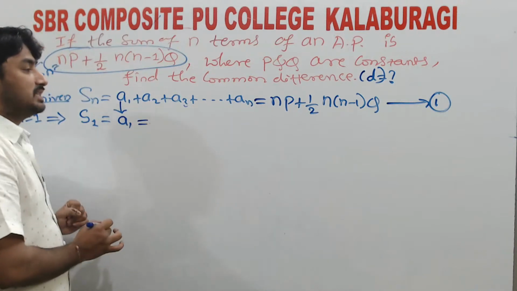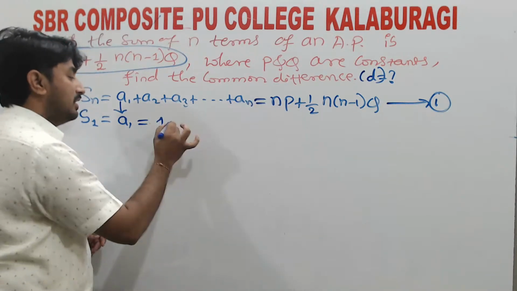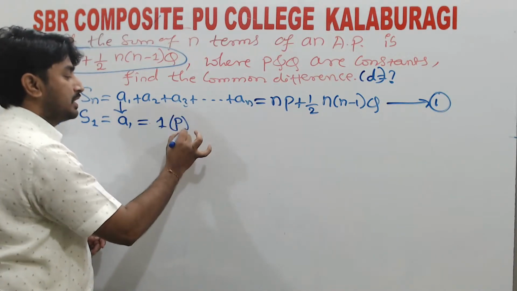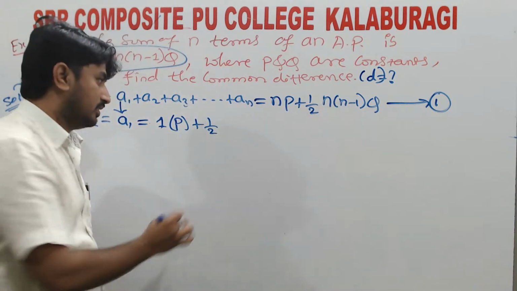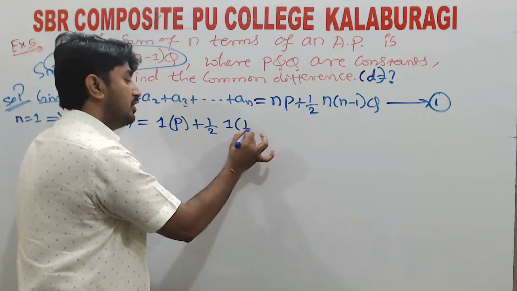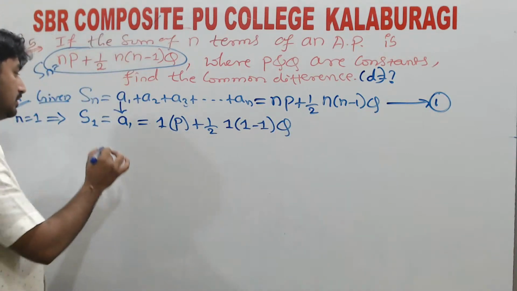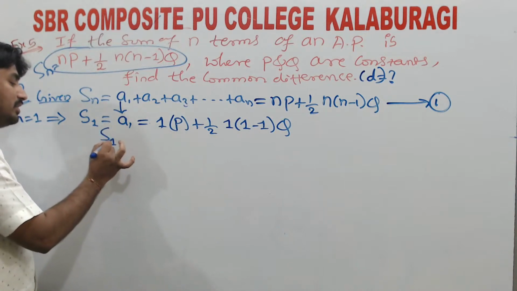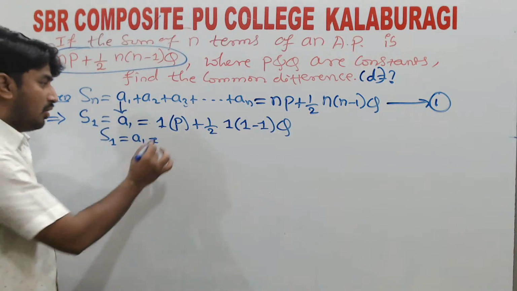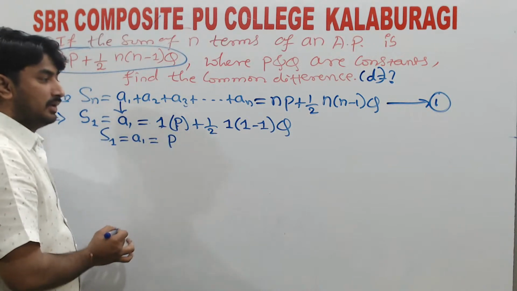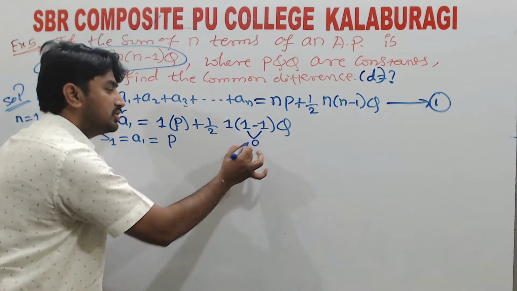Therefore, the first term value is equal to: put 1 in place of n, P is there, write P as it is, plus 1 by 2. Again in place of n I am taking 1. So 1 into 1 minus 1 into capital Q. Here S1 or A1, the first term, is equal to 1 into P, and here 1 minus 1 gives 0.